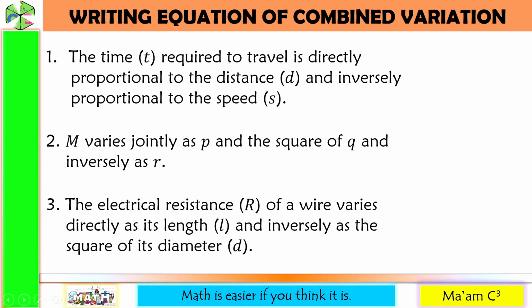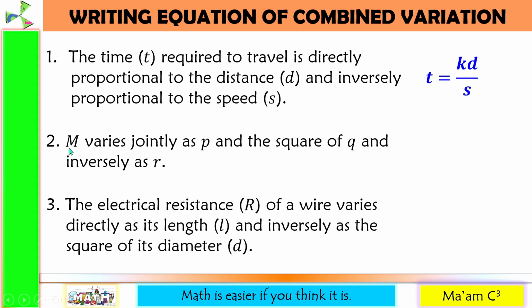Let us write some more equations of combined variation. Number 1, the time t required to travel is directly proportional to the distance d, so that would be kd, and inversely proportional to the speed, so that would be over s.